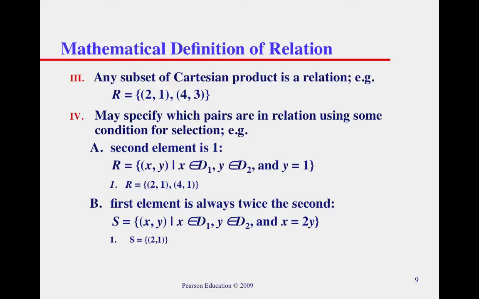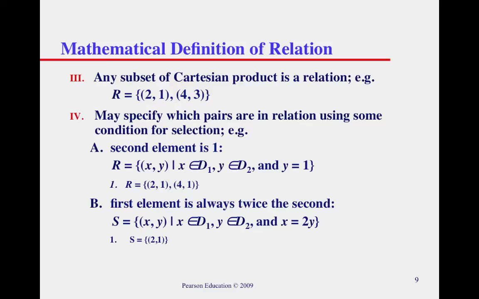Okay, another mathematical statement we could use is to say it's the set of all tuples such that the element from D1 is twice the value of the element from D2. Well, there's only one such pair that can satisfy that mathematical statement, and it's the pair 2, 1.